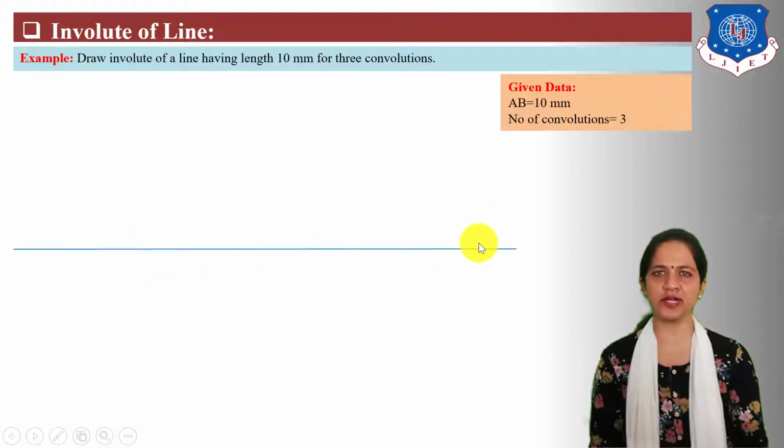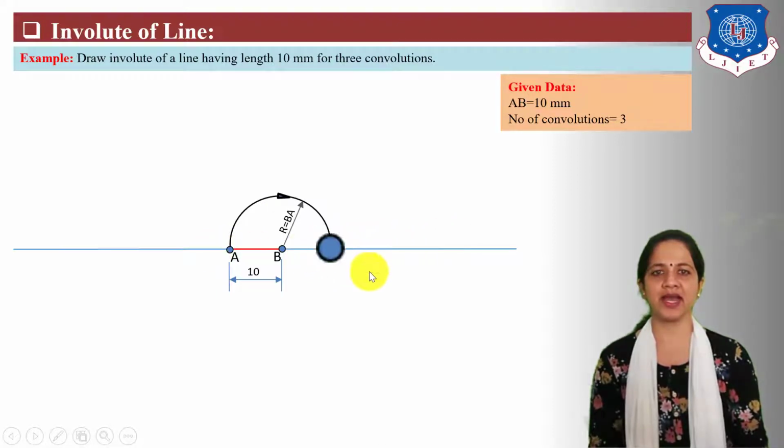First, draw a horizontal reference line. Take AB line of 10 cm length on the horizontal reference line. Now, for involute, first take center B, radius AB and draw one arc up to this horizontal reference and mark here B1 point.